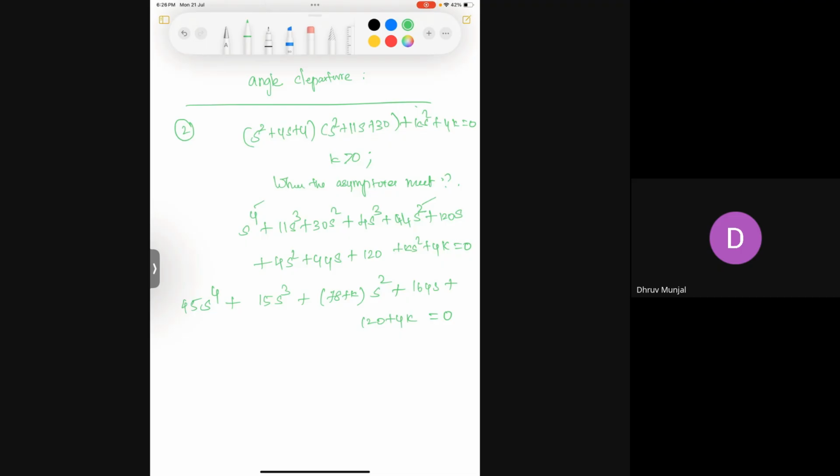Okay, only one s power 4 is there, no? Why did I use 45 here? This cube is only 1. S square will be 30. S cube will be 44 is cube. 15.